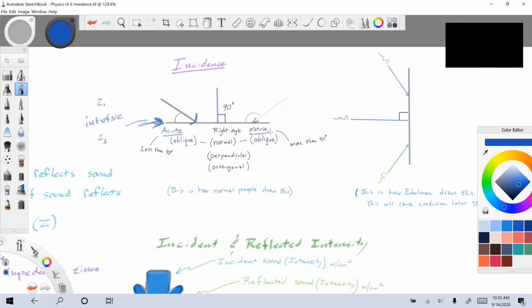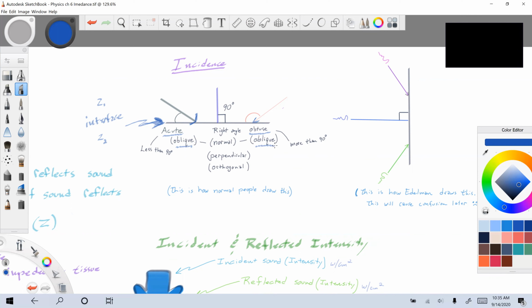And if you really look at it, in our case, does it really matter whether we're talking about obtuse or acute? It really doesn't. The sound's coming in at an angle. That's all we care about. So we can call both of them oblique angles because they're both oblique.